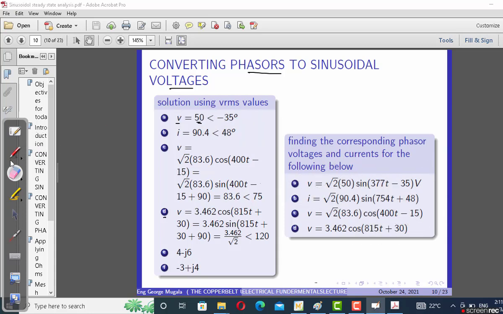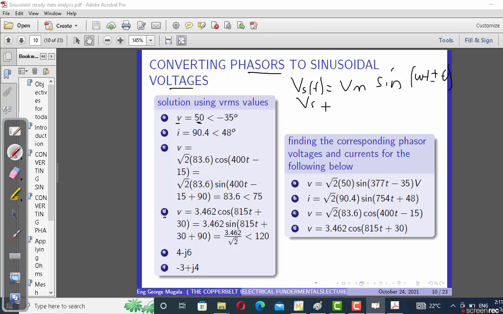So for example, the general formula here, we know it should be V sinusoidal, it's Vm sine omega t plus or minus theta.